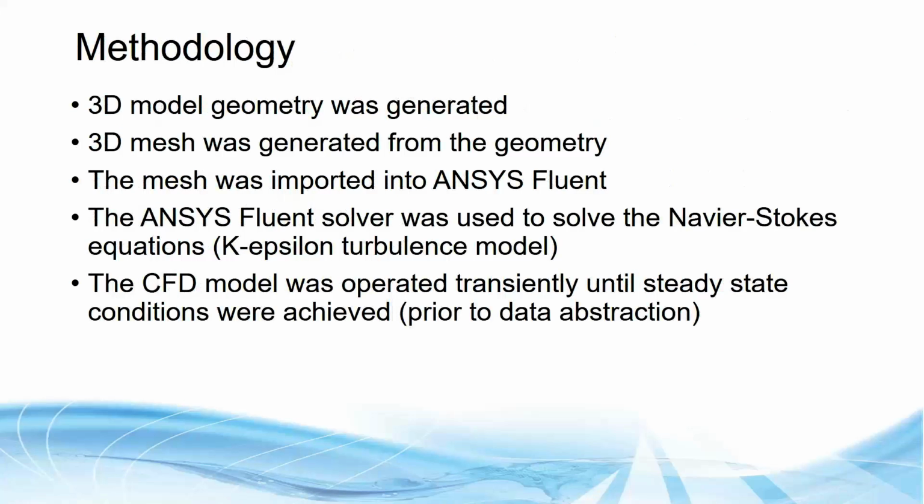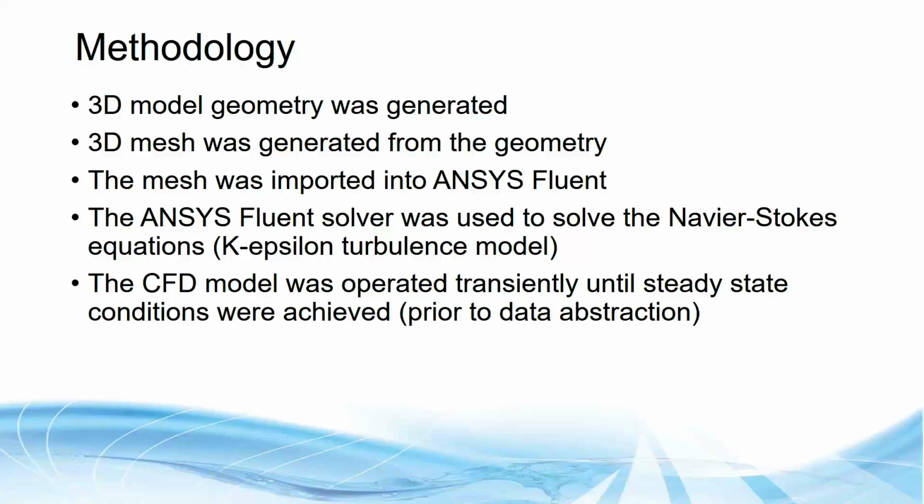So how was the CFD study conducted? Well, first we created a 3D model geometry from drawings provided by the client. Then this geometry was meshed. A mesh is basically the entire system divided into millions of cells, and then this mesh is imported into a software called ANSYS Fluent, which numerically solves the Navier-Stokes equations along the boundaries of those cells, and it gives us a simulation of the fluid flow.